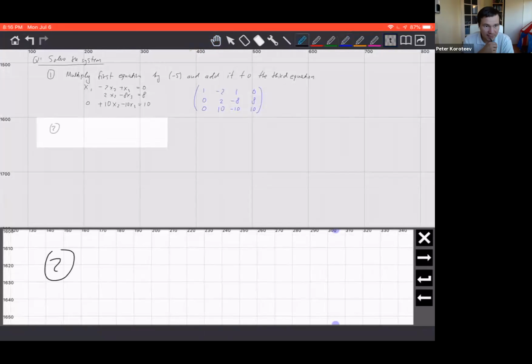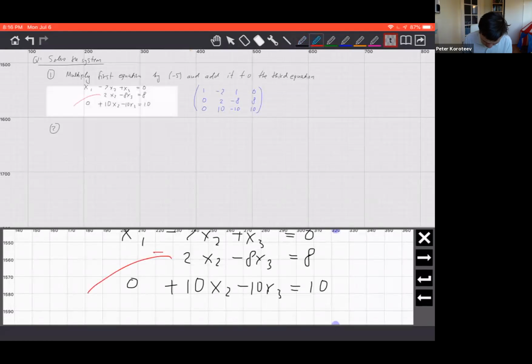So second, we can multiply the second equation by -5 and add it with the third equation.